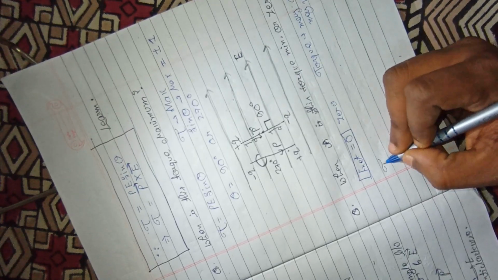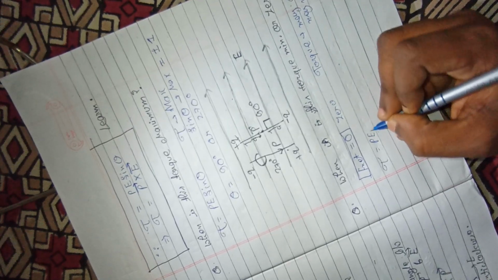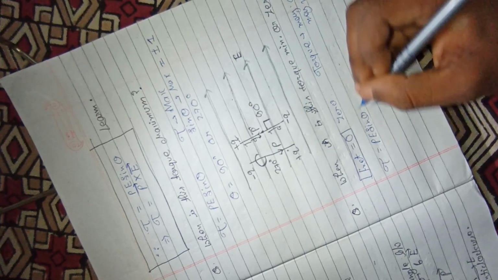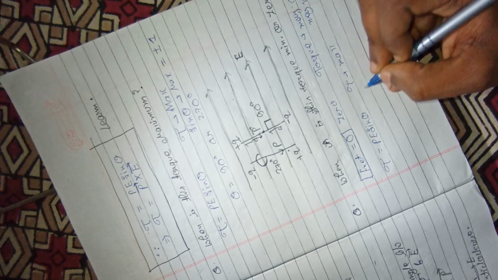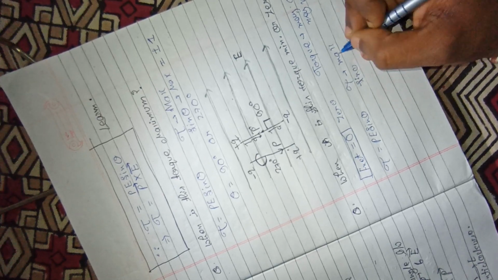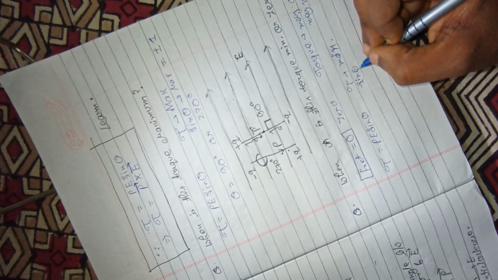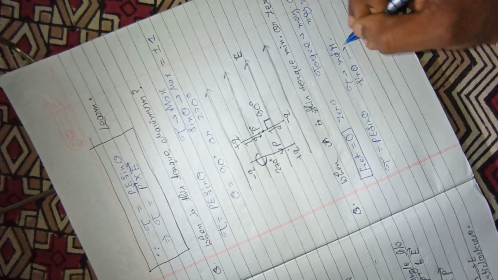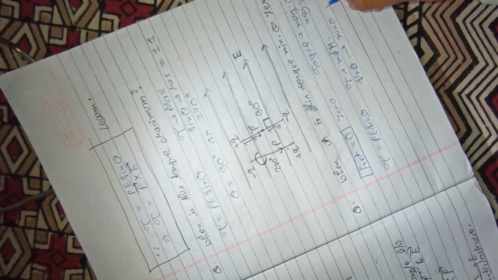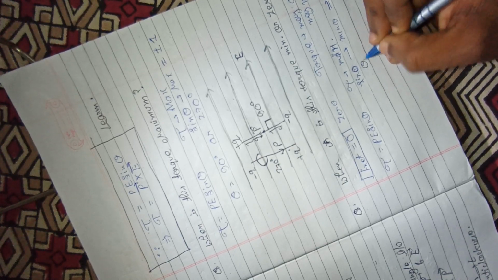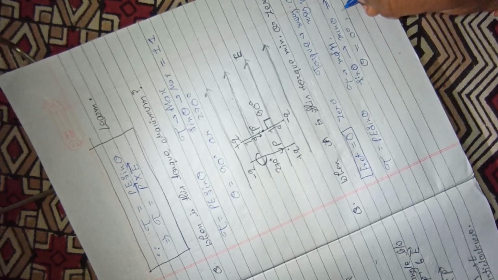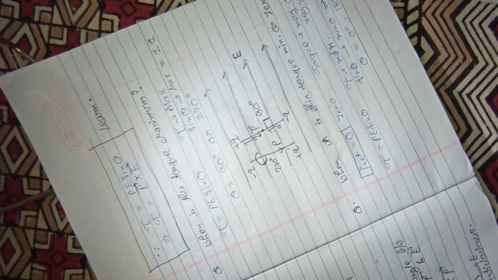Torque equals PE sin theta, and for torque to be minimum, sin theta should be minimum, which can be equal to 0, and then theta should be equal to 0 degree or 180 degree, which is also known as pi radian.